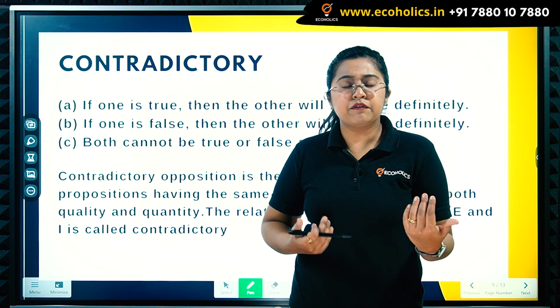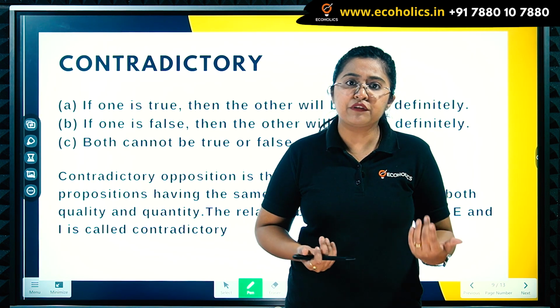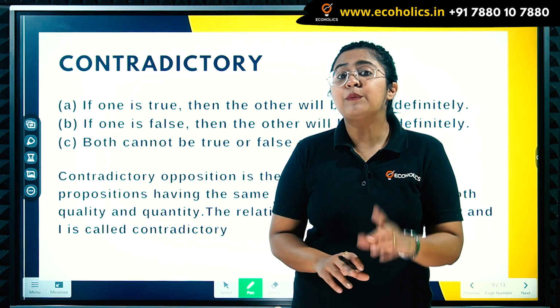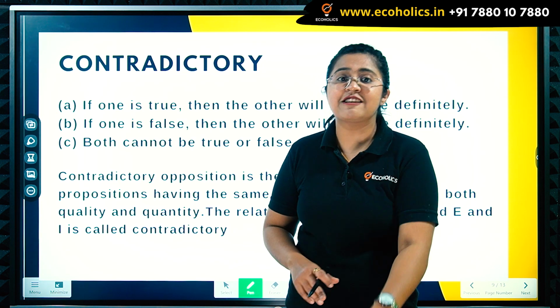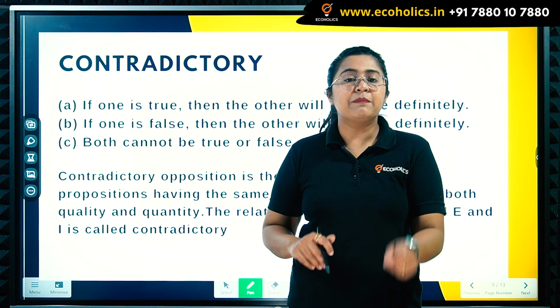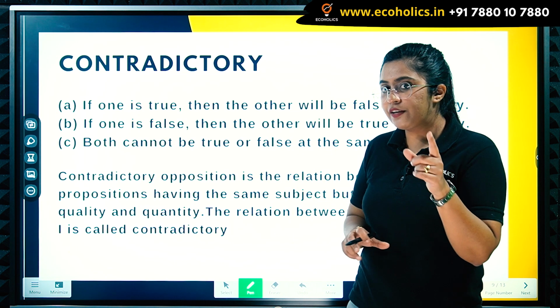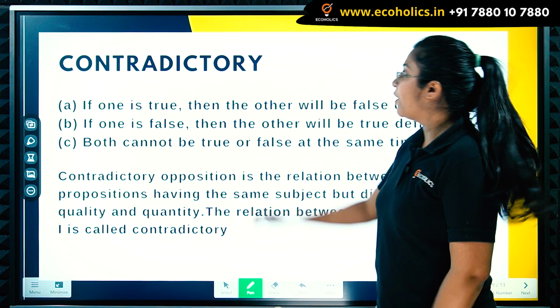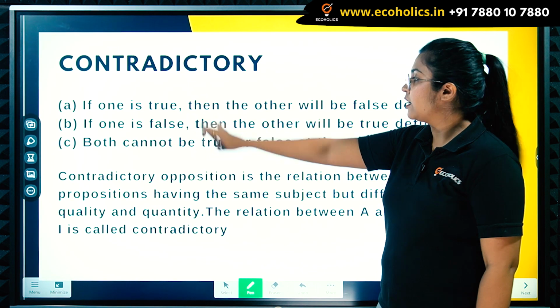However, when we talk from the point of view of syllogism, logical reasoning, we must understand that there are certain basic rules to identify the contradiction. So what are the contradictory statements?